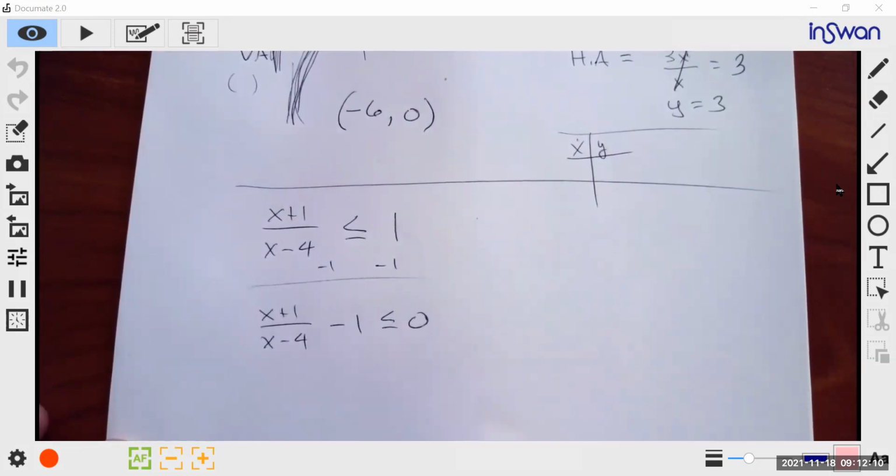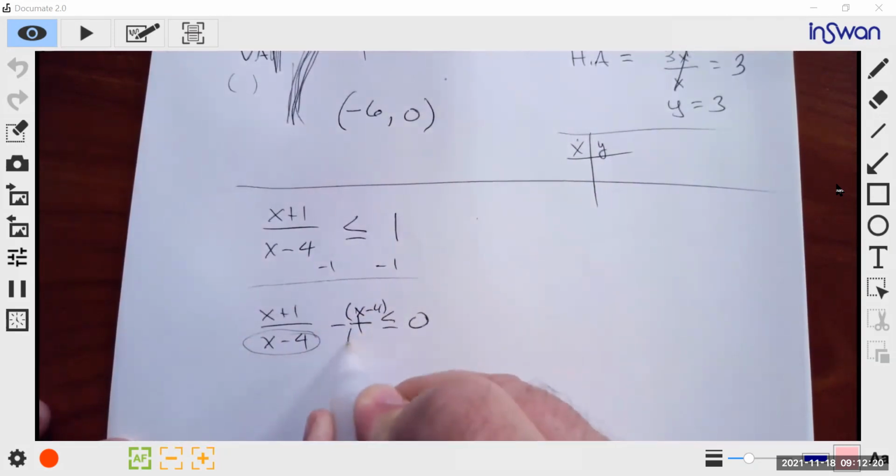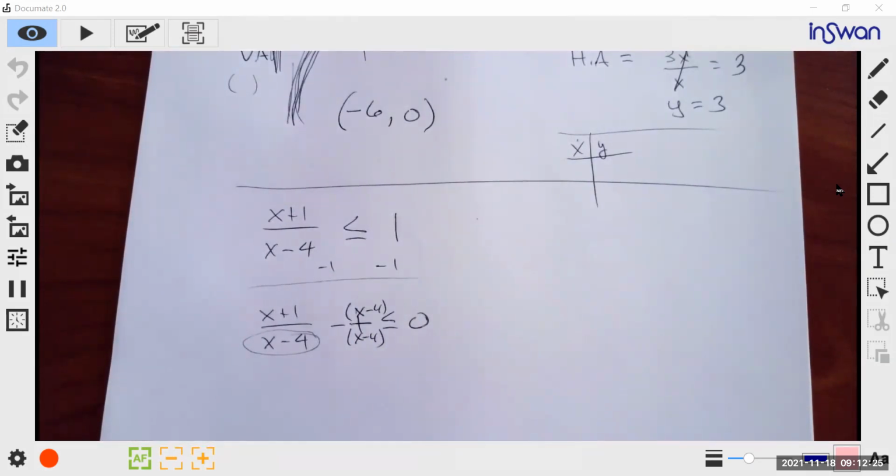Since we're dealing with fractions, we have to have a common denominator. Right now, this one is 1/1. So we have to multiply by x minus 4 over x minus 4, top and bottom.